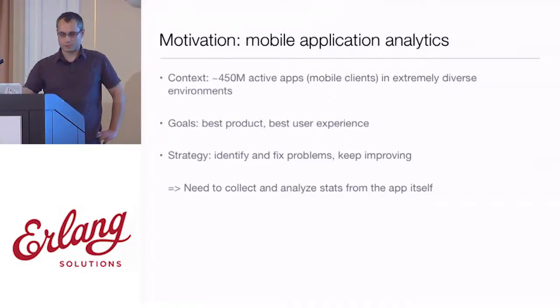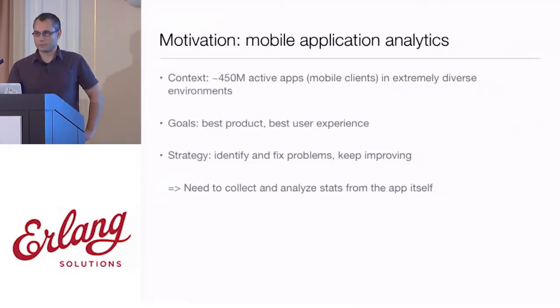So it's very hard to judge how the app performs in the field without getting some data from the app itself and then analyzing it to see if we can make some improvements, find some bugs, and overall improve the app and user experience.